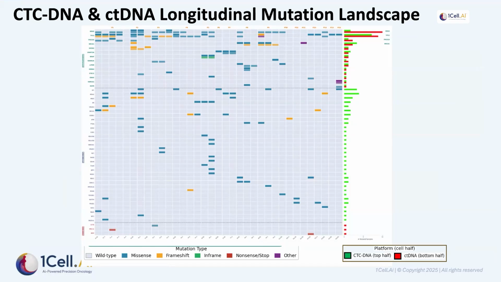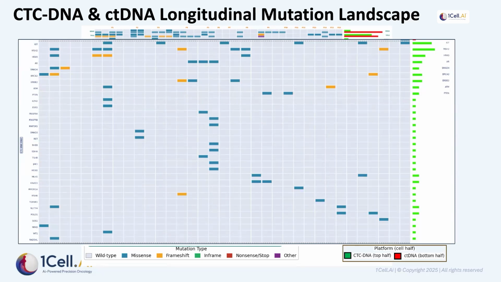So before we focused on some of the CTCs that were losing alterations, now we're going to focus on some of the alterations found in CTCs that cannot be found in the ctDNA. And so you can see there's a whole group of alterations that we're finding in the CTCs, and these alterations are not found in the bulk ctDNA.